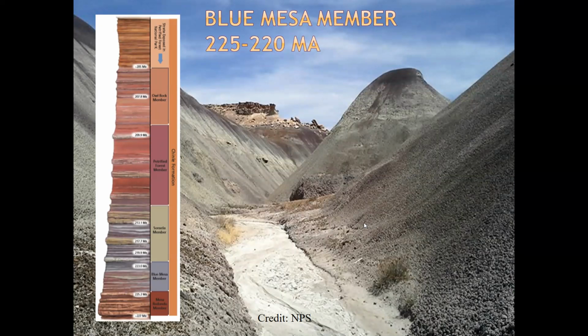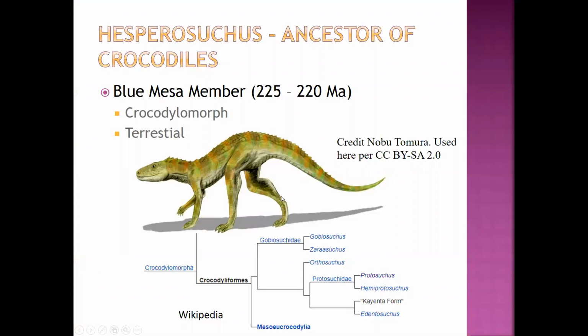So here we're looking at the Blue Mesa member. So this is down in this area, 225 to 220 million years ago. And here is a crocodilomorph in the Blue Mesa member of the Chinle Formation. And the interesting thing about it is it's a terrestrial animal. And if you look at crocodiles, you can see that they have rather vertical and long legs.